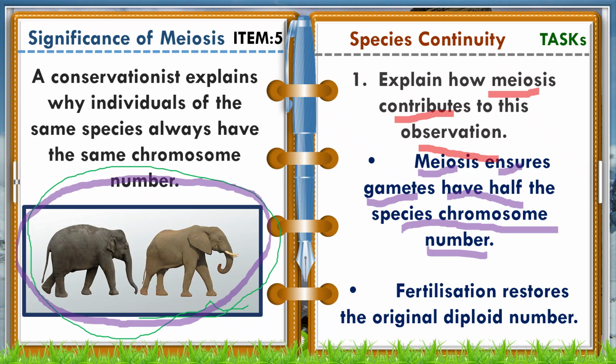It does not matter that there is variation, but what meiosis is going to do is make sure that the gametes that result into this individual and the gametes that result into this individual will always have half the number of the species chromosome number.